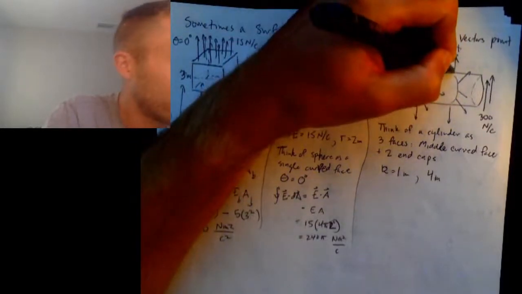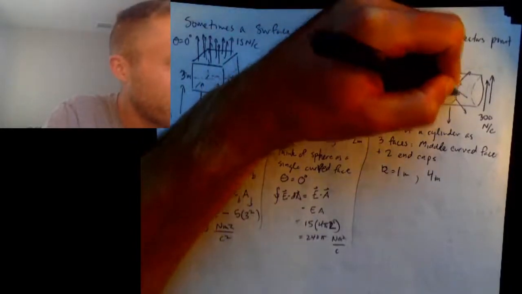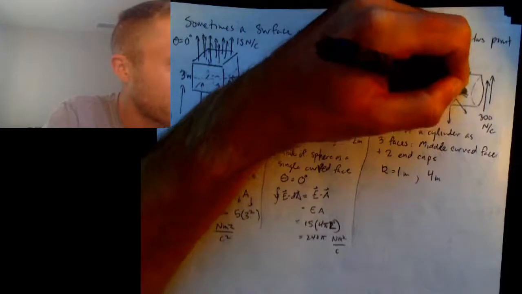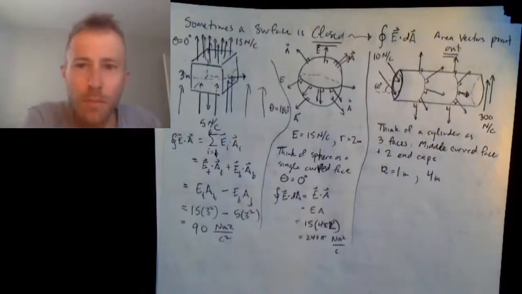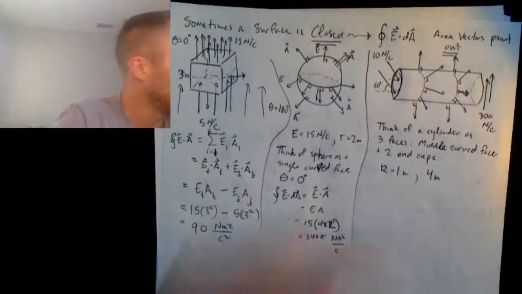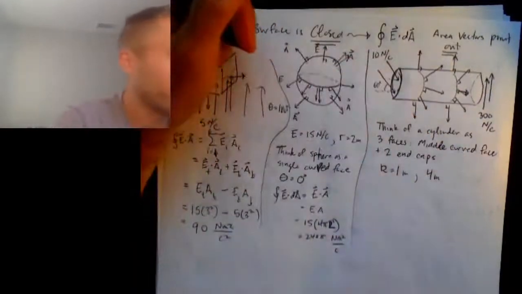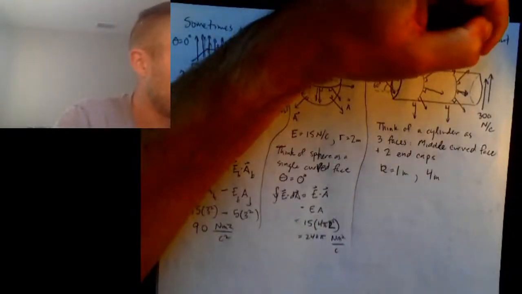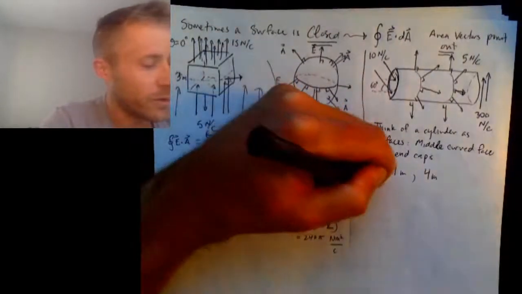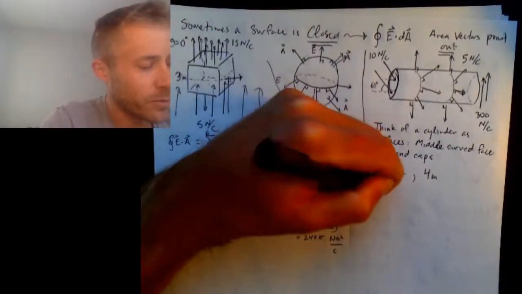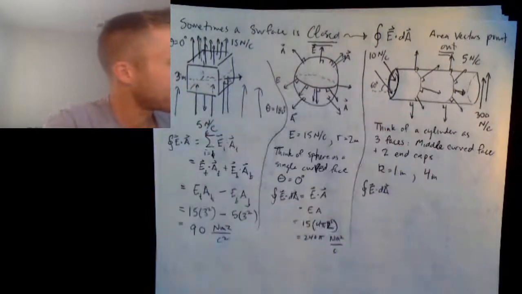So this is all right angles here. Like that. And on this middle region, the electric field has a strength of 5 newtons per coulomb. And so what we want to know is what is the electric flux through this cylinder. Okay?